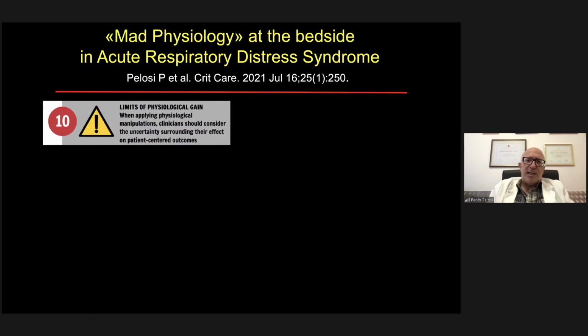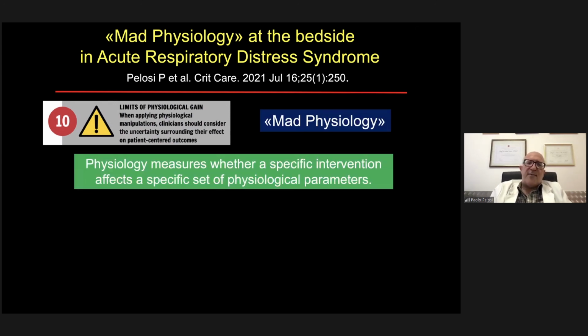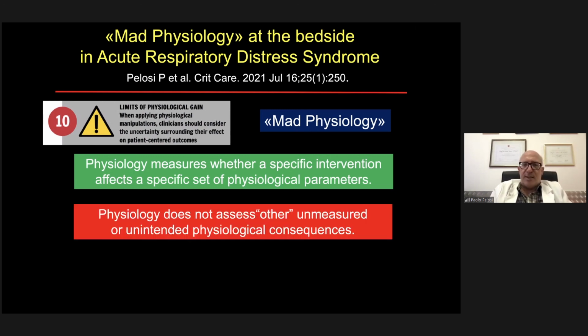The final point is that we have some limits to the physiological targeting of optimization of mechanical ventilation, because when we apply physiological manipulation, clinicians should also consider the uncertainty surrounding their effects on patient-centered outcome. And this is called the med physiology. In fact, physiological measures assess whether a specific intervention affects a specific set of physiological parameters.